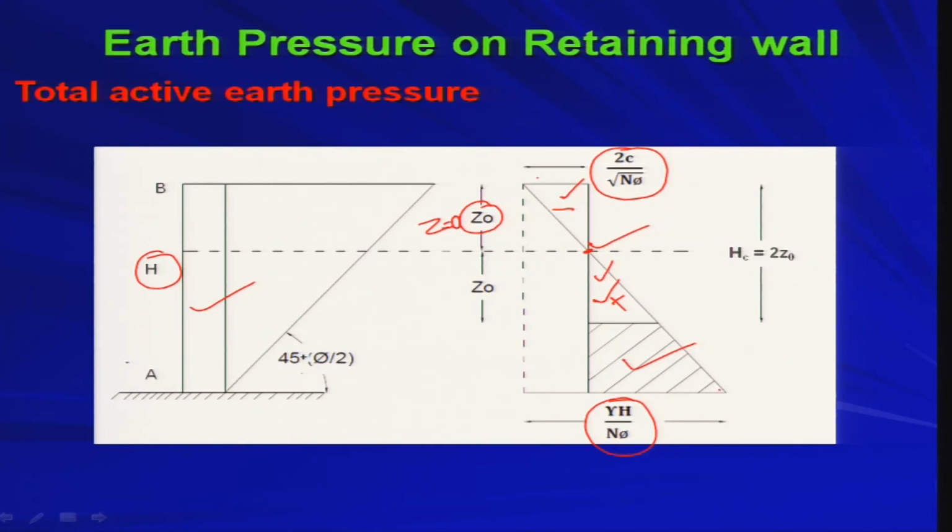Now, from z equal to 0 to z equal to 2 z naught, which is nothing but say AC, which will come later on, within this distance this negative triangle, or the negative pressure, will nullify this positive pressure, agreed. So there will be no pressure at all from z equal to 0 to z equal to twice z naught.